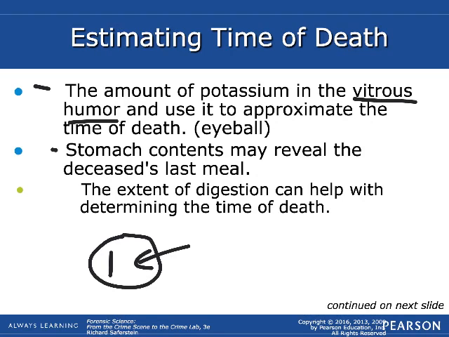You can approximate the time of death by the amount of this ion called potassium that's in the vitreous humor. So they'll go in, withdraw some of the vitreous humor, and analyze the potassium concentration. Okay, another thing they can look at is stomach contents. So stomach contents can reveal what was in there and how much has actually been digested.